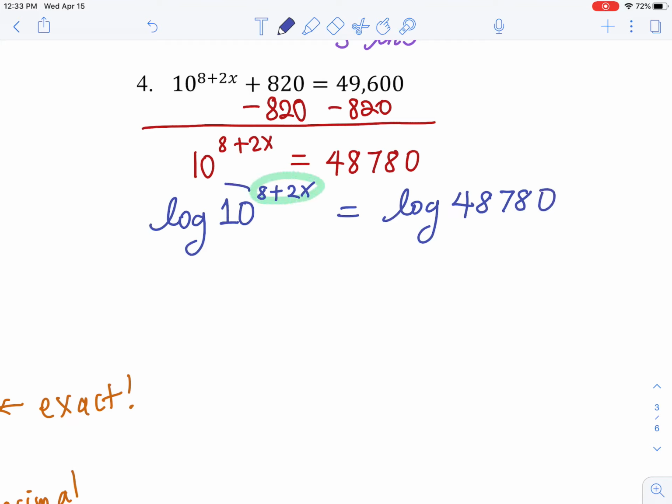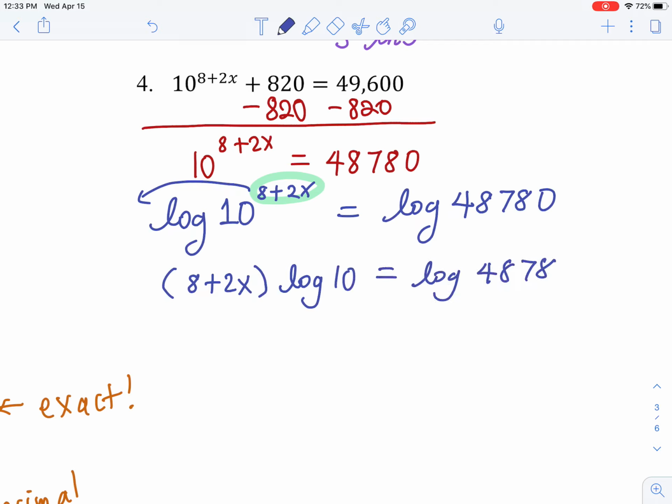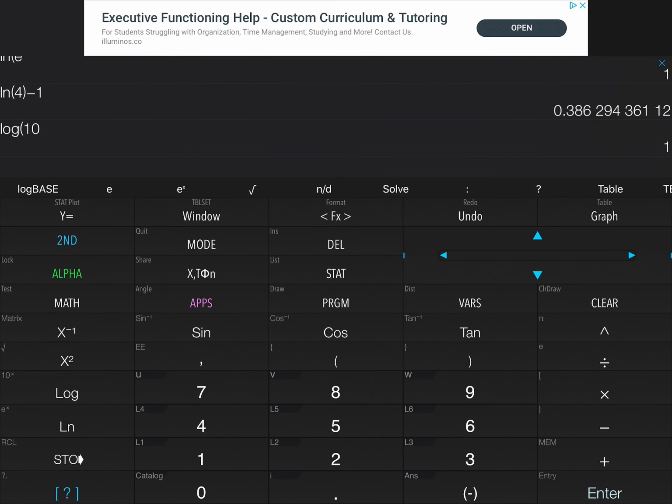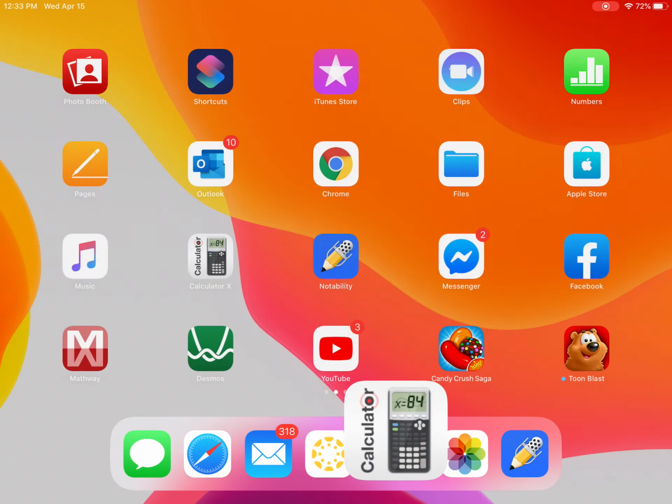Why am I doing that? First of all, let me bring this exponent in front: 8 plus 2x times log 10 equals log 48,780. What is log 10?